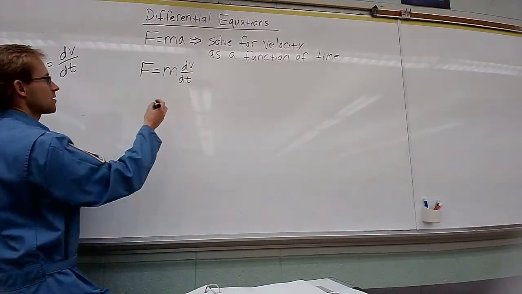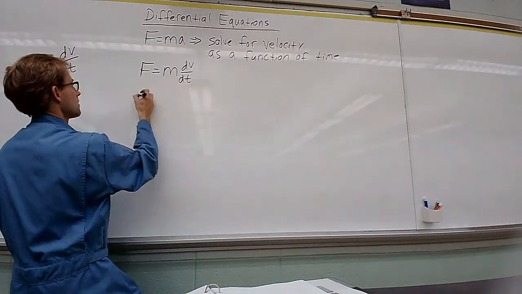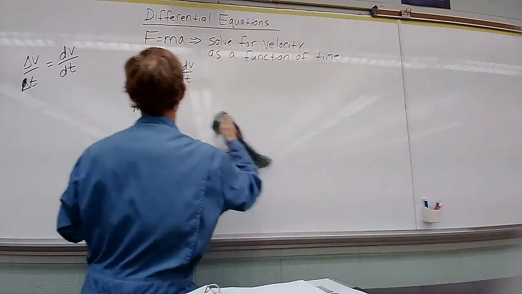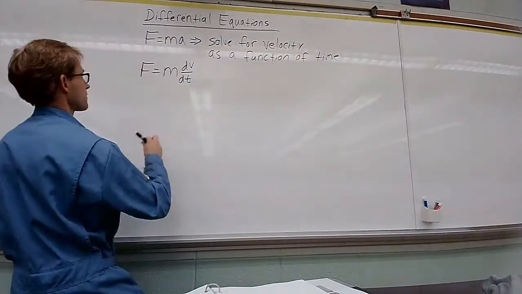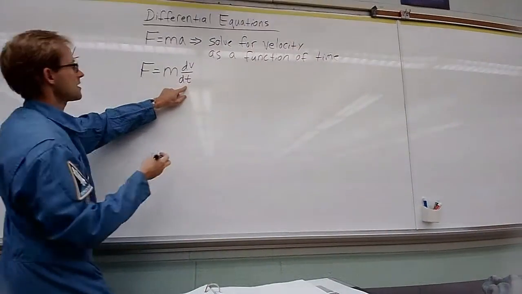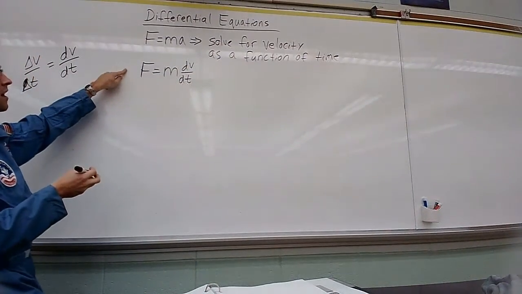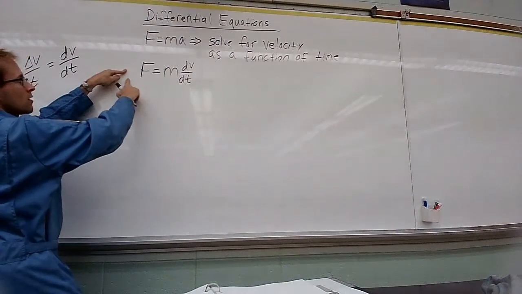So if I want to do that, I'll show an extra step here. We take this dt and move it over there. And then we move this m over here too.